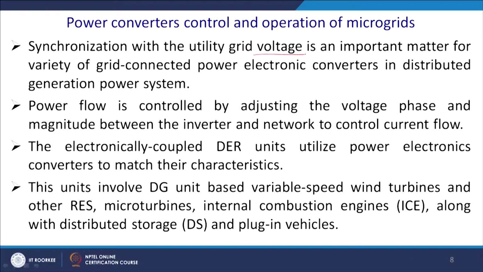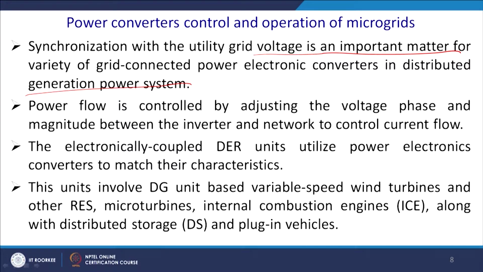Synchronization with the utility grid voltage is an important matter for the variety of grid connected power electronics converters in distributed power generation systems. So, we require to see what is the point of entry, so that we can give redundancy. If a particular converter is non-functional, you can manage to send power through the grid or you can take out power from the grid.